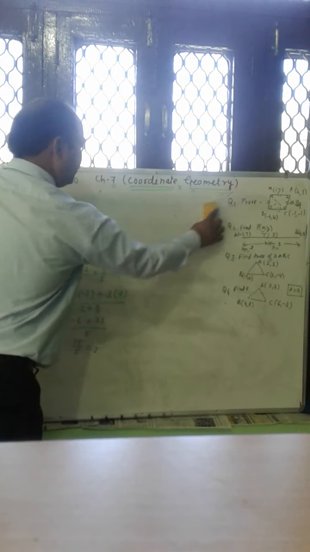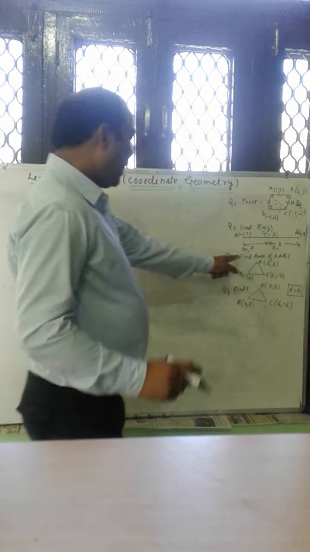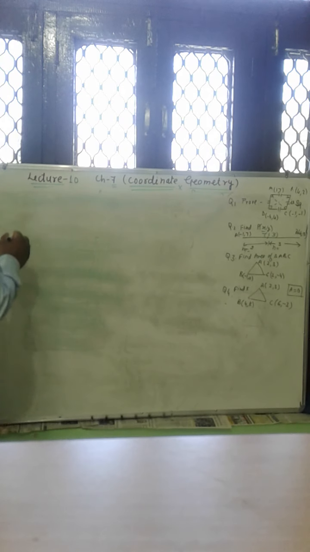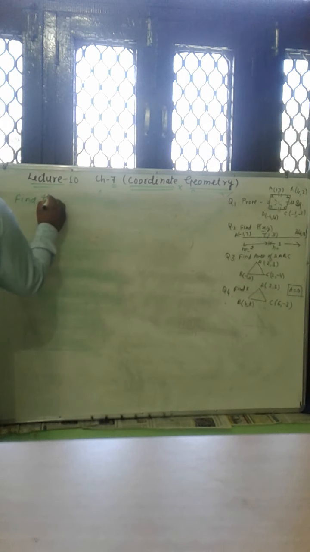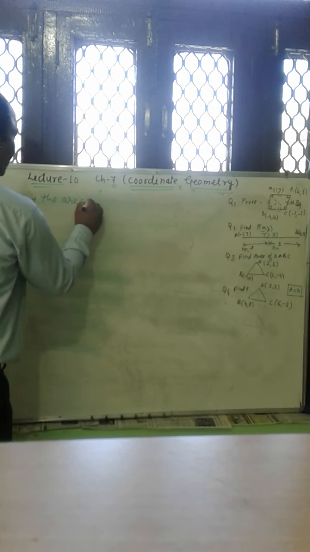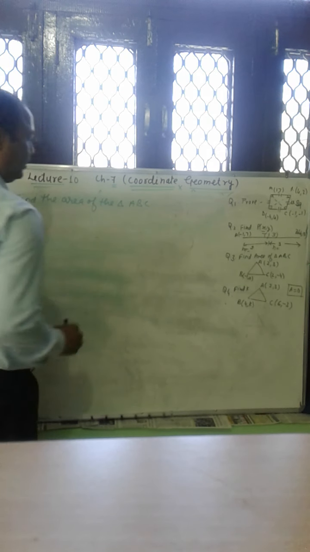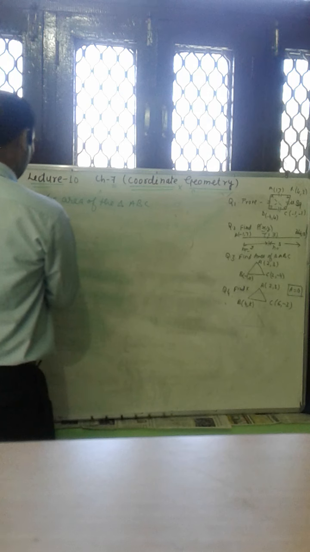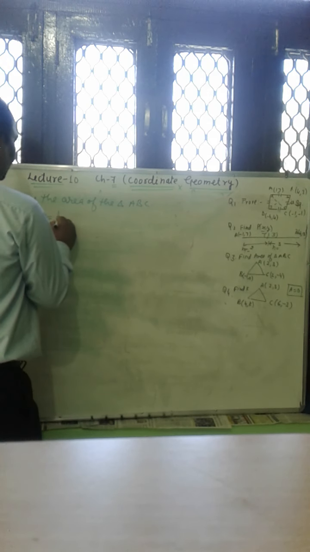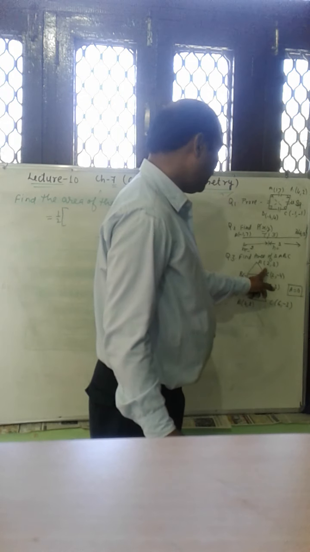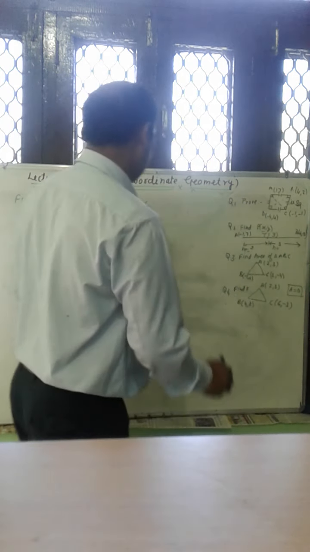The next question is, find the area of the triangle ABC. The area of the triangle ABC is 1 upon 2, and the coordinates of the triangle ABC are given here.